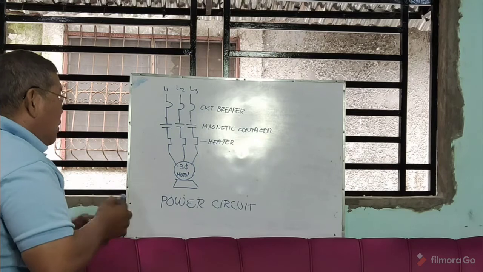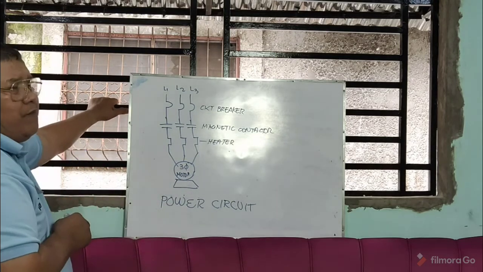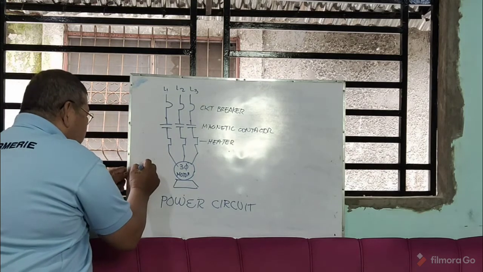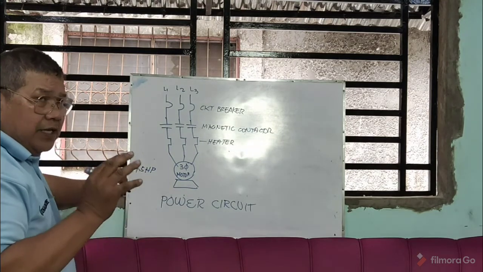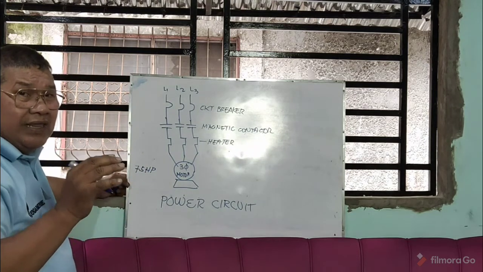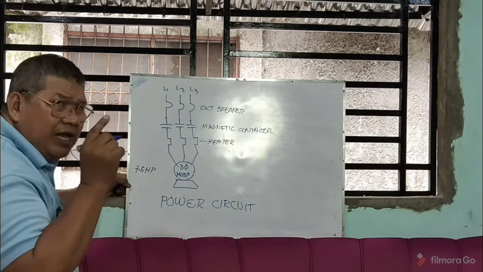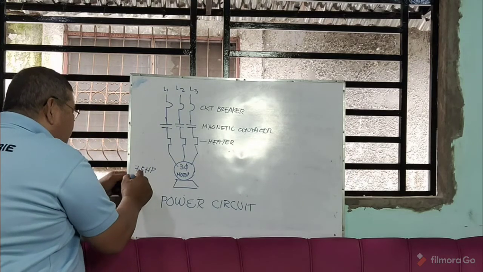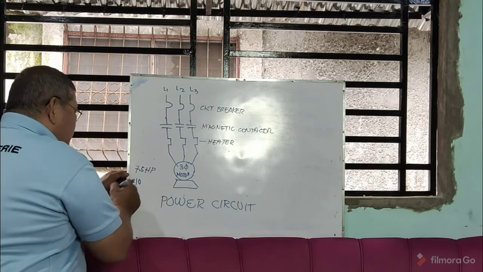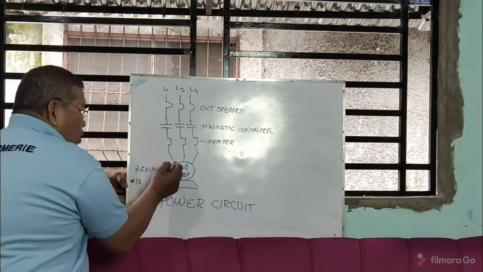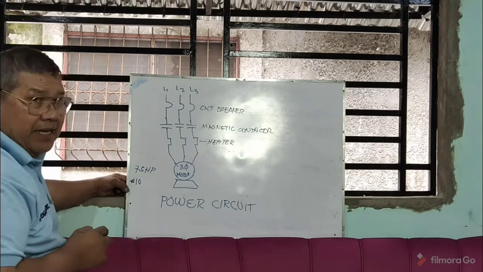Now remember, how about the sizes of the wire? If this motor is 7.5 horsepower, for instance, remember, for 7.5 horsepower there is really a conductor or a wire intended for it. So let us see a sample. This is only an example. In this 7.5, I used number 10 size of wire. So the wires from here and here and here are all number 10.